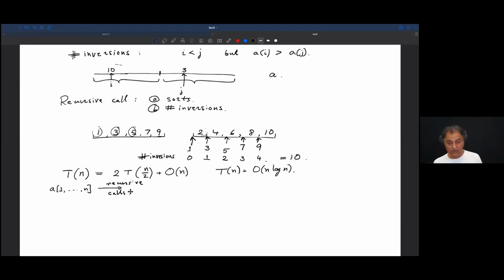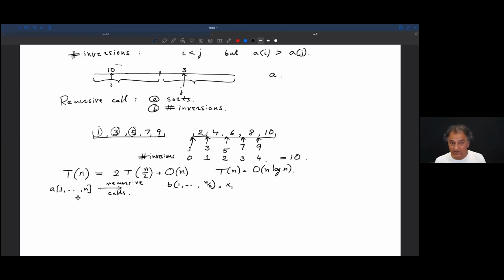our recursive calls to this procedure for figuring out the number of inversions. Each of these recursive calls will give us back 2 things. The first recursive call will give us back an array B of 1 through n over 2, the first half but sorted, as well as a number K1, the number of inversions in that sublist.